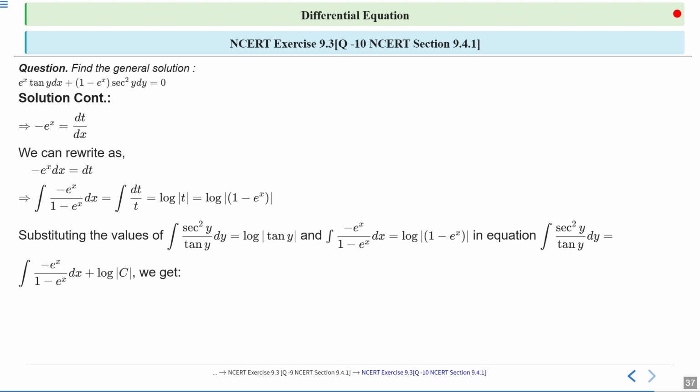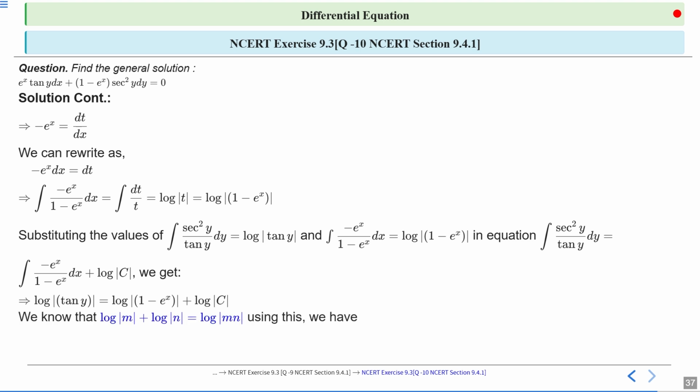So we have the value of this integral, that is integral of sec square y by tan y is log mod tan y, and integral of minus e^x by (1 minus e^x) is log mod 1 minus e^x. So using this equation, we get log mod tan y is equal to log mod (1 minus e^x) plus log c. We know that log m plus log n is equal to log mn.